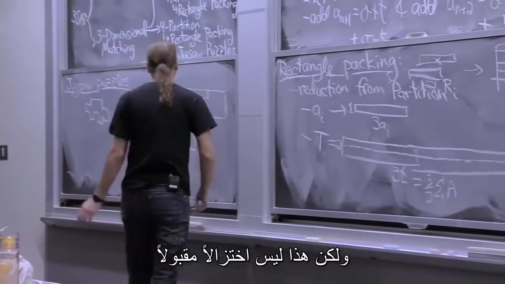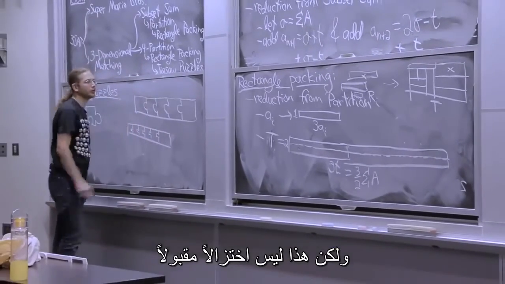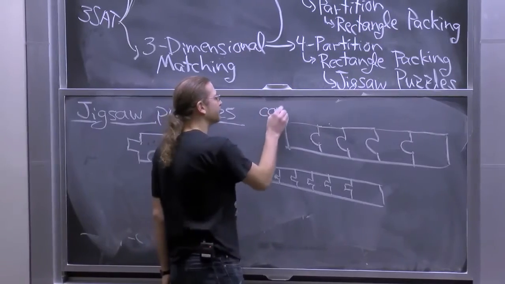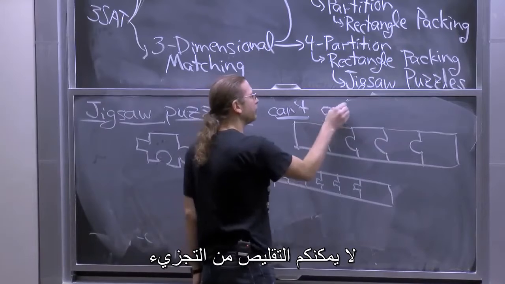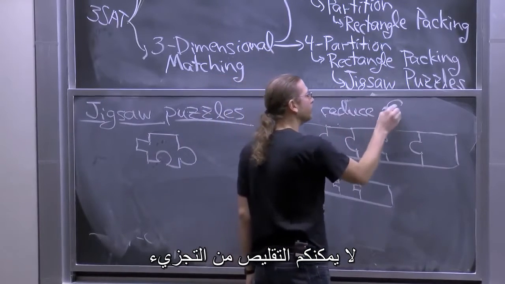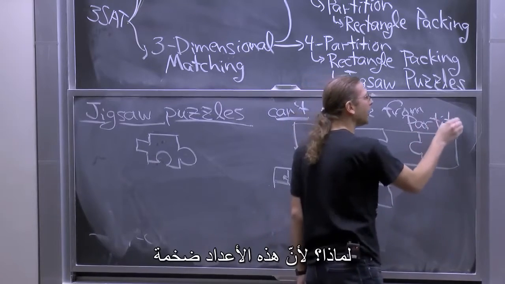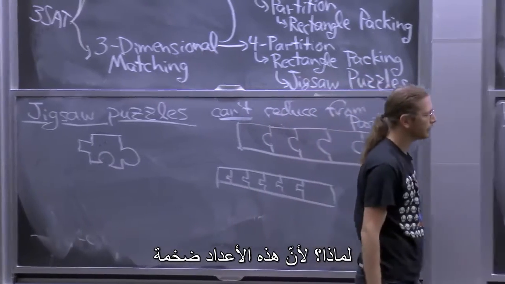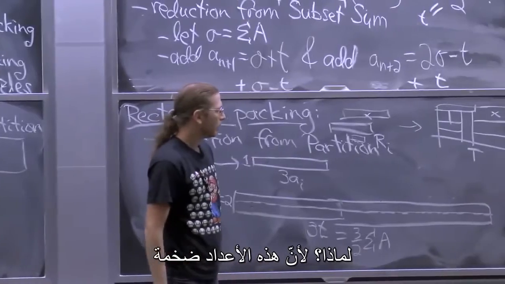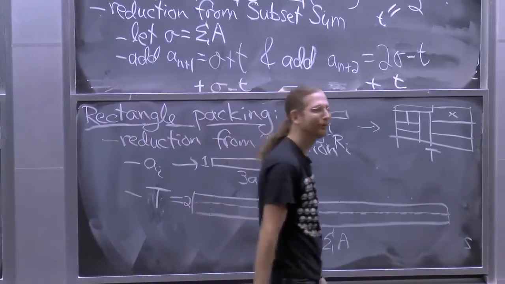But this is not a valid reduction. You can't reduce from partition. Why? Because these numbers are huge.